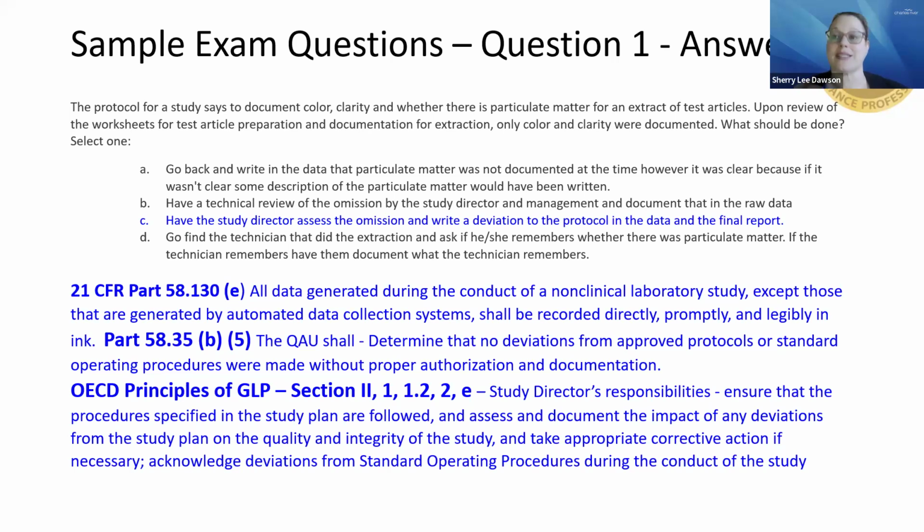Just also point out, in general, the quiz itself, the primary focus will be FDA GLPs. There are aspects of EPA GLPs and OECD. The default will generally be FDA, but you will have those little details in the question.